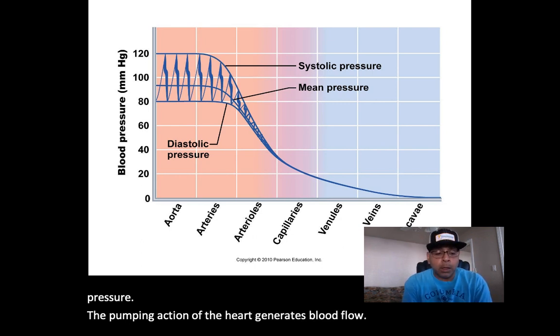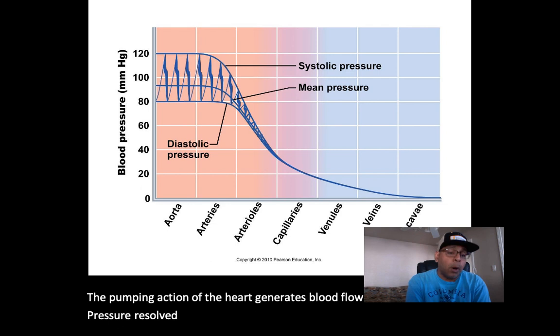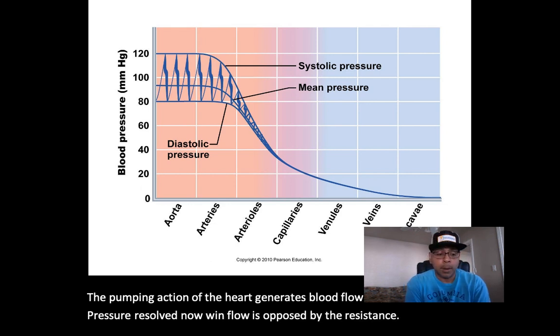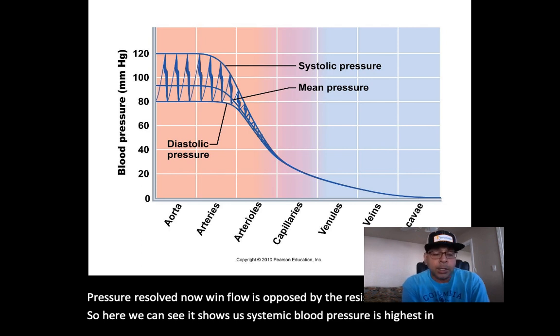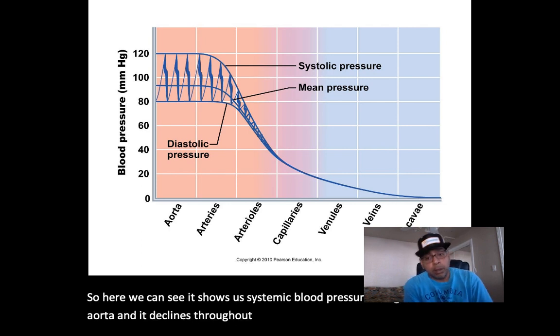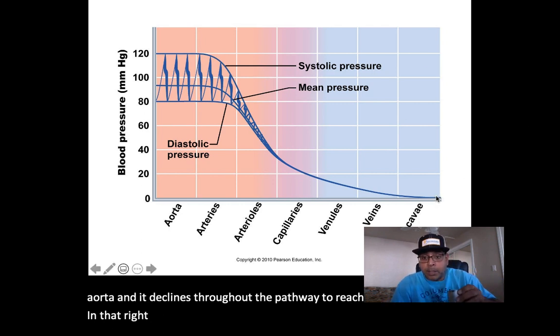Pressure results when flow is opposed by the resistance. Systemic blood pressure is highest in the aorta, and it declines throughout the pathway to reach close to zero in the right atrium.